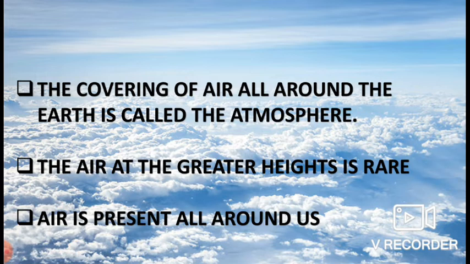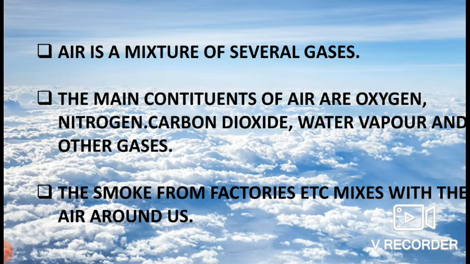Air is present all around us. Air is a mixture of several gases. The main constituents of air are oxygen, nitrogen, carbon dioxide, water vapor and other gases. The smoke from factories, etc. mixes with the air around us.